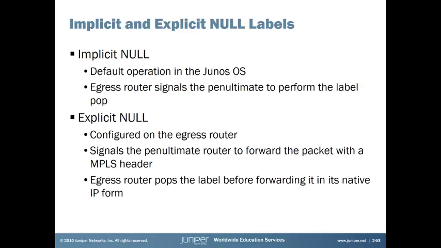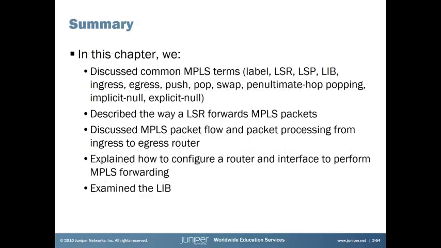The explicit null, configured on the egress router, signals the penultimate router to send the packet with an MPLS label. So the usual behavior is the implicit null, but there are times when we may want the packet to go to the egress router with the MPLS header on, and the egress router will then pop the label.